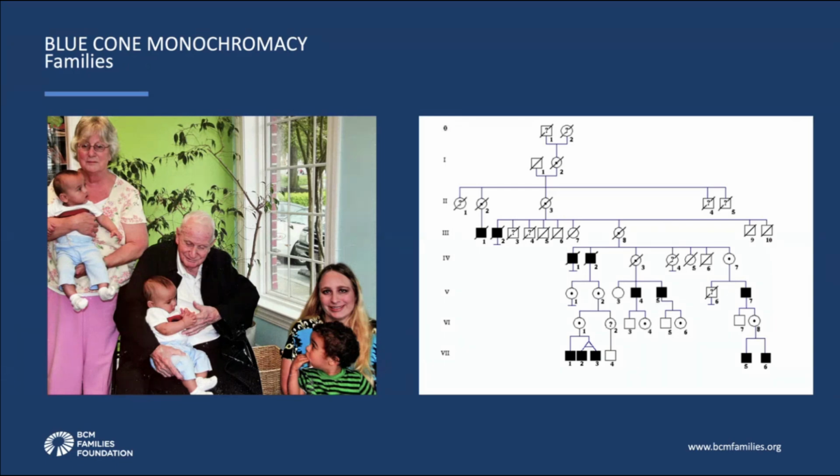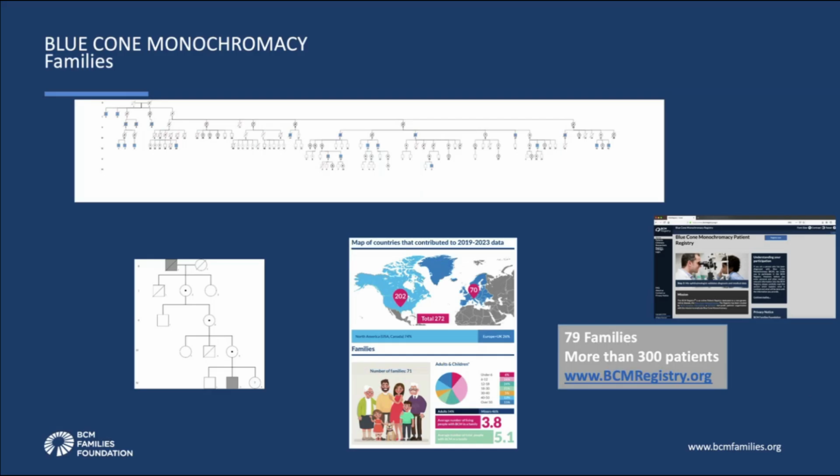And the story inside other families of our community is exactly the same. As you see, there is a grandfather affected, the female carriers, and then a cousin or a brother, and the son and grandson. So we have collected at this point 79 families inside our international patient registry. And we have the family trees of all those people.